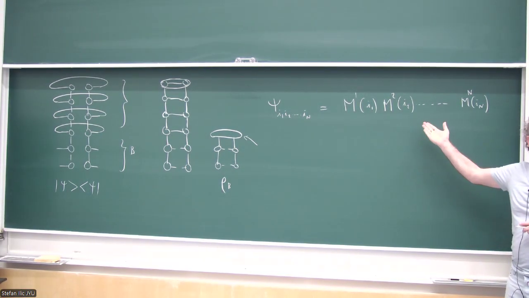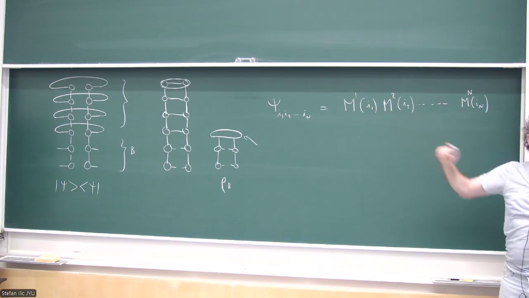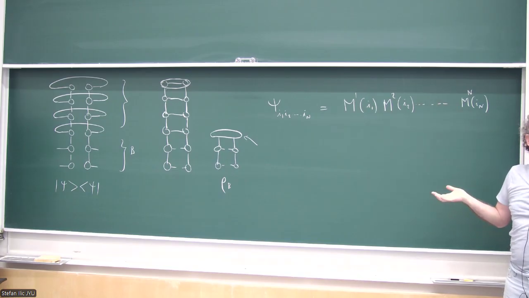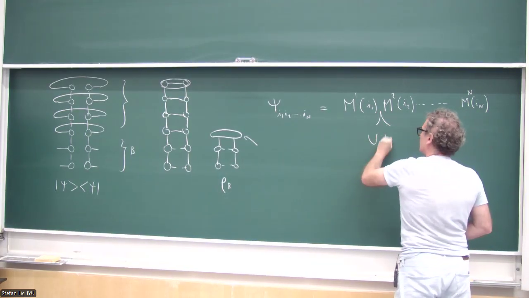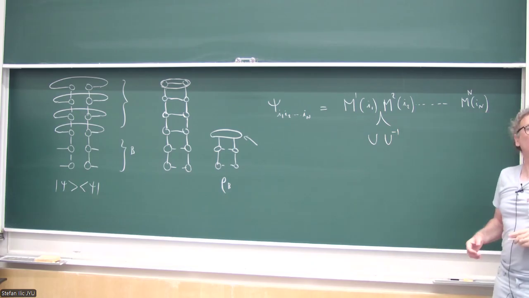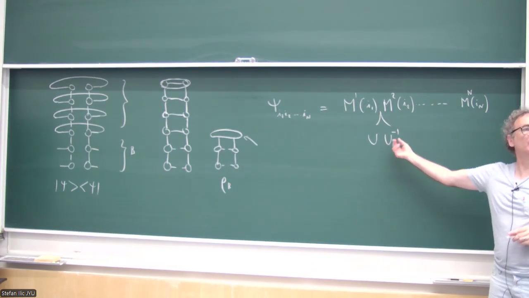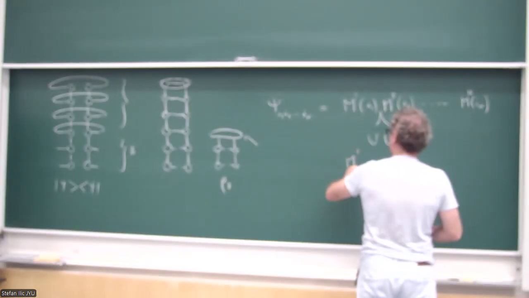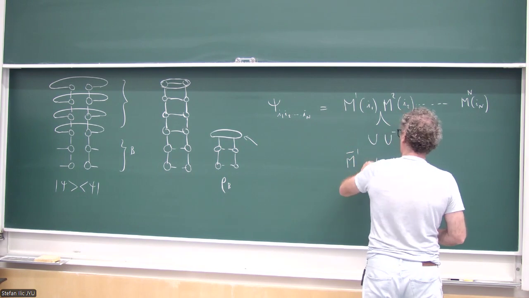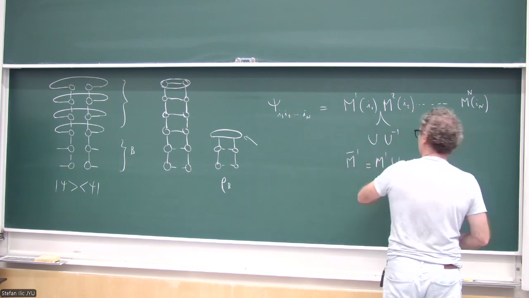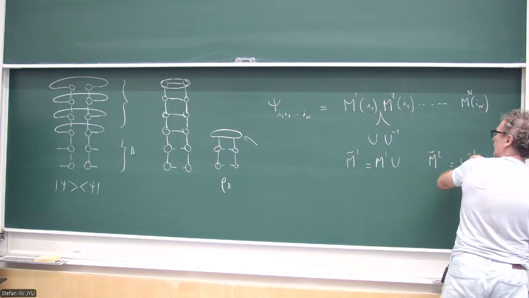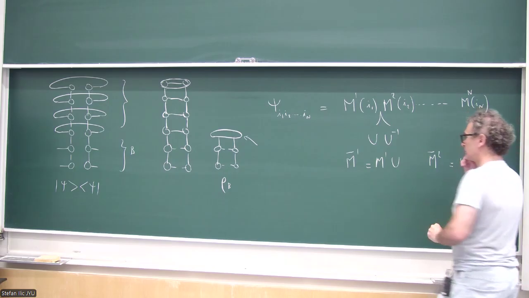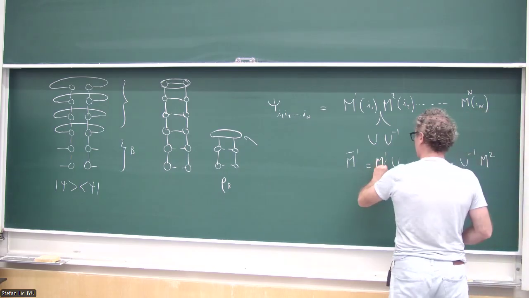This is not unique. There are many MPS that correspond to the left-hand side. You can see this very easily, for instance: I could insert a matrix U and its inverse U minus 1, which is the identity. Then I define M1 bar equal to M1 U, and M2 bar equal to U minus 1 M2.